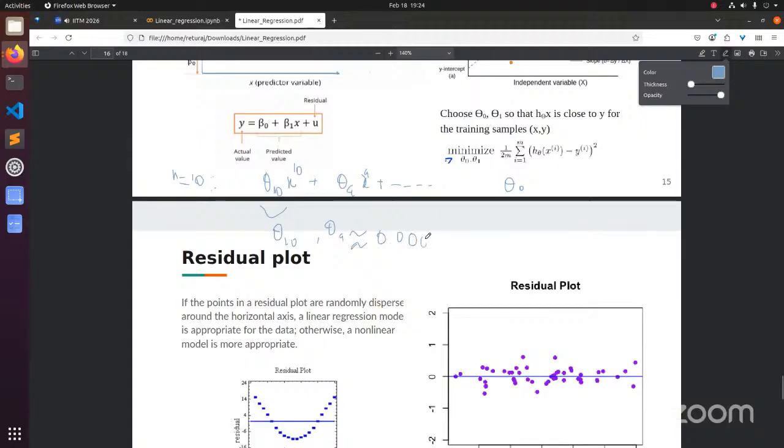Then you can say that their contribution is minimal, and an 8 degree polynomial may be able to explain your model properly. You can also tell from this, right?